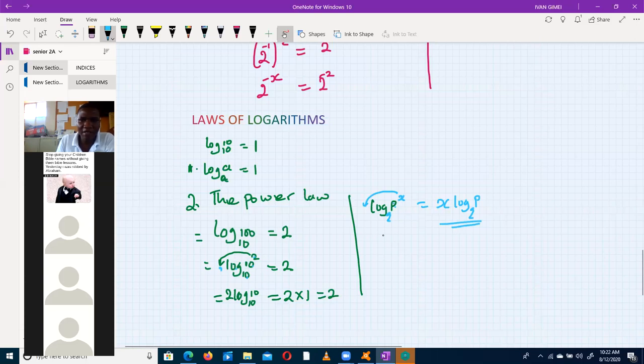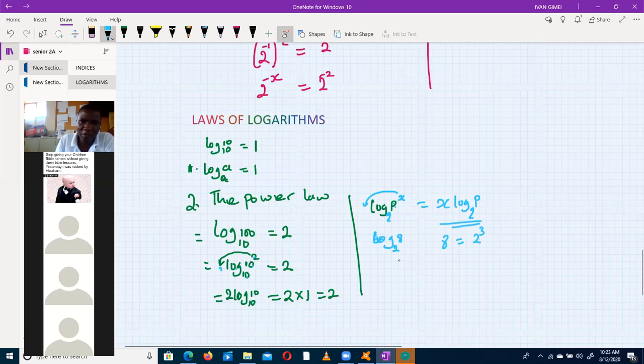Example: log of 8 base 2. 8 is the same as 2 to the power 3. So where it is 8, I'm going to put 2 power 3.